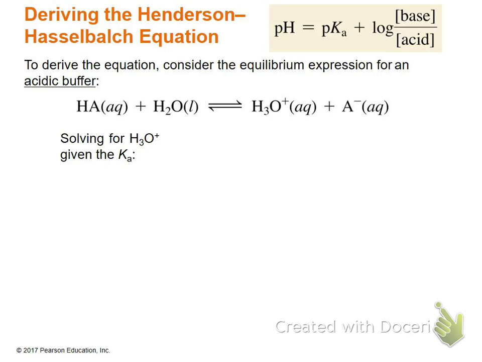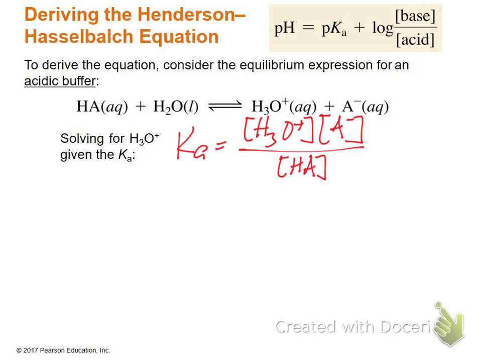So we generate the Ka expression here. Ka equals the concentration of the conjugate base times the concentration of the hydronium ion divided by the concentration of the acid.